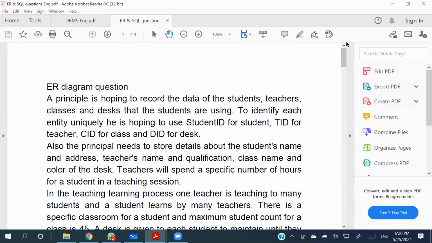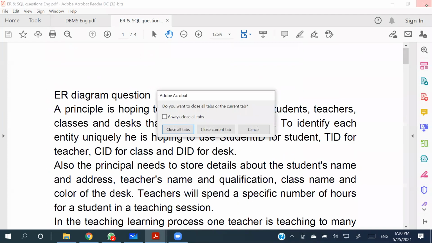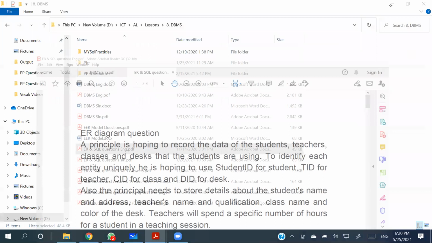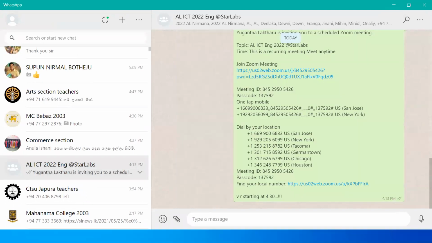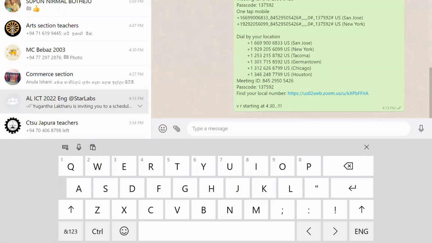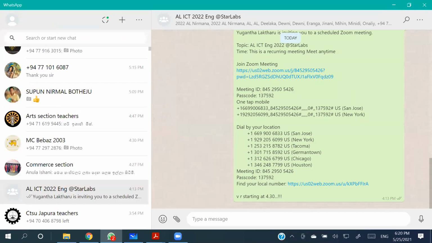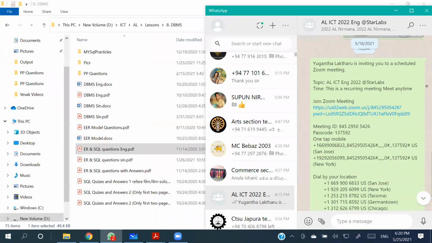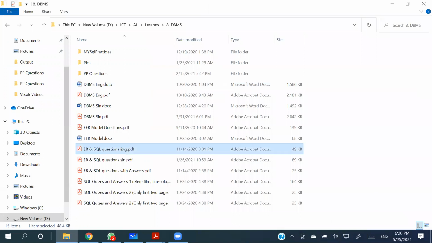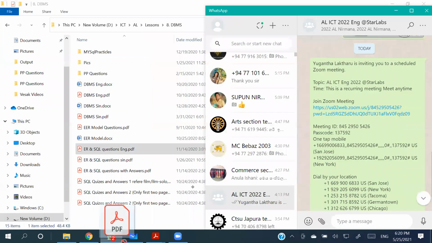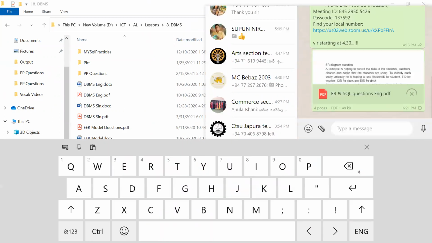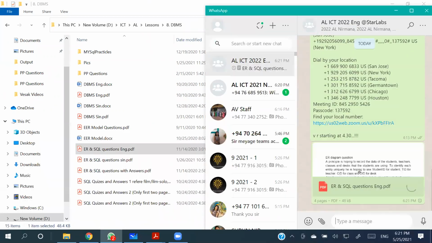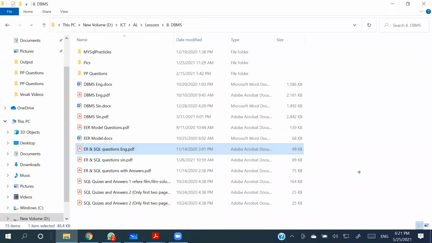Yes, so I'm sending this PDF to the group. You have to do only the first question. It has the SQL questions as well, but you don't need to bother about them for the moment. I'll display the question on the screen as well.